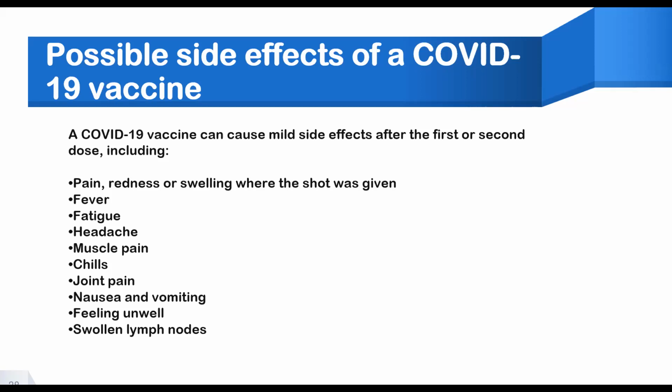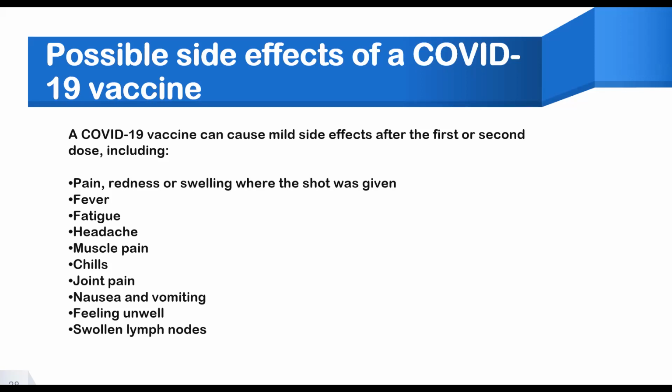So, possible side effects of COVID-19 vaccines can cause mild side effects after the first or second dose, including pain, redness, or swelling where the shot was given. Kung nasaan binigay yung vaccine na first or second dose.